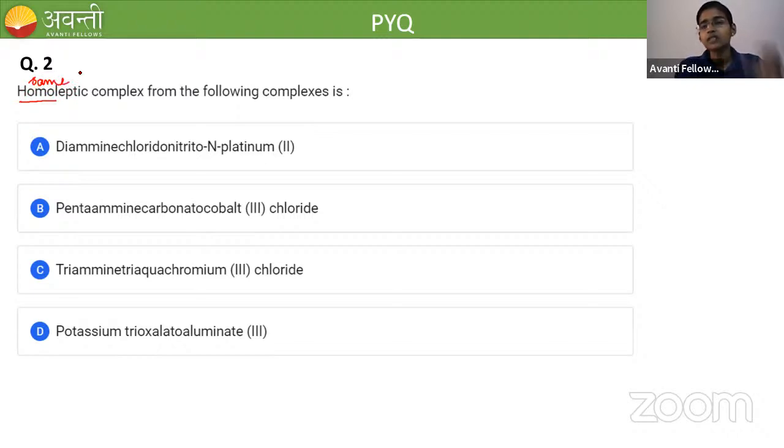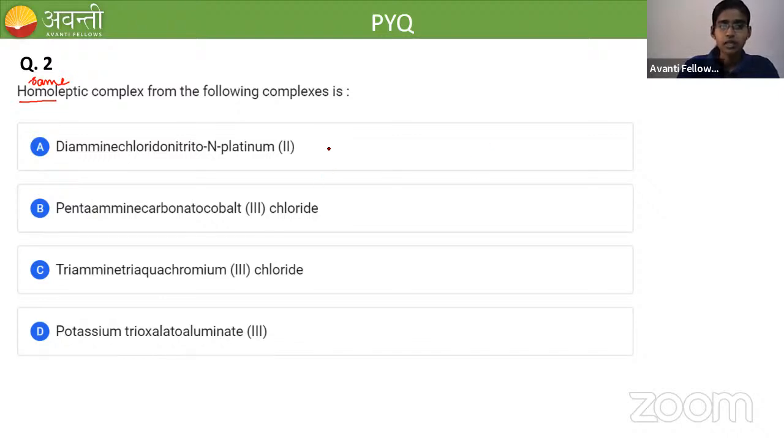If you have the same ligand present inside the coordination entity, it is called homoleptic. And if you have different types of ligands attached to the metal atom, then the given complex is heteroleptic. So let's check with the first option.